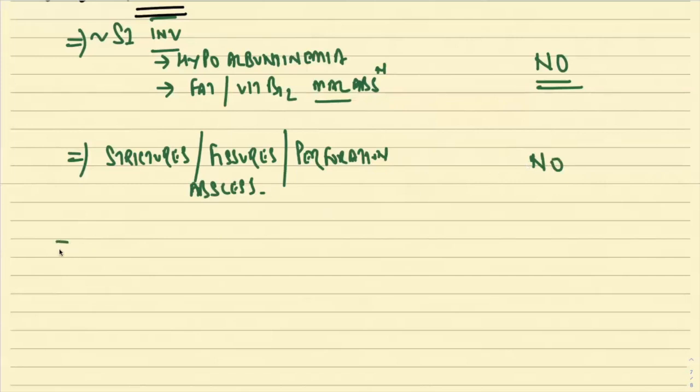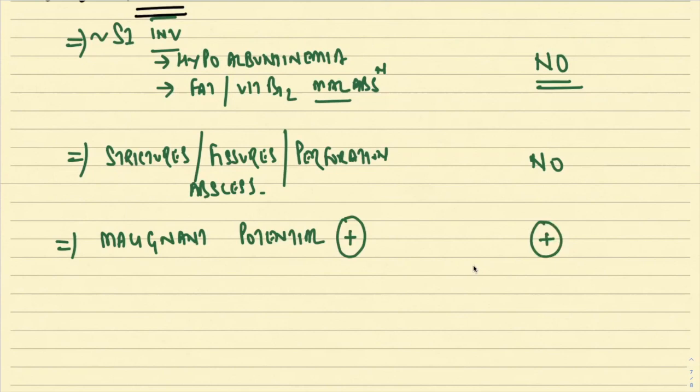Okay. Now, very important is the malignant potential. The malignant potential, if you see, is present not only here, and it is also present here. And actually, malignant potential over here means I am talking about colonic adenocarcinoma. So malignant potential over here is associated with colonic involvement.